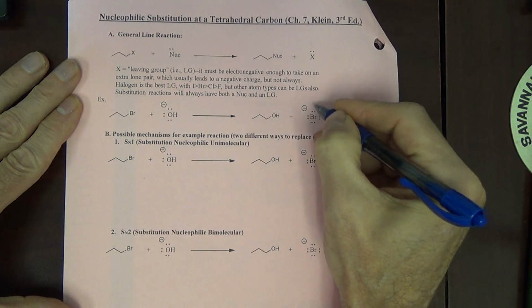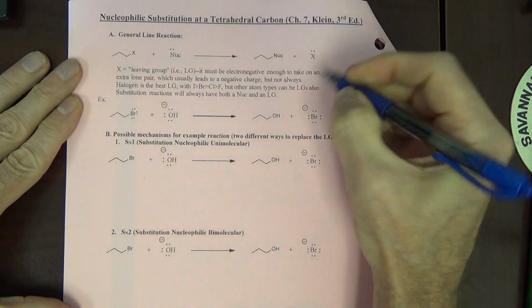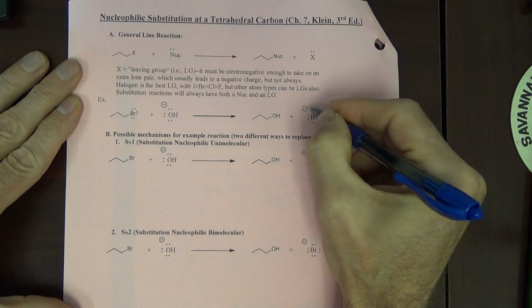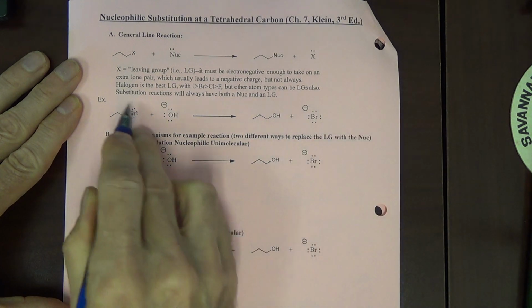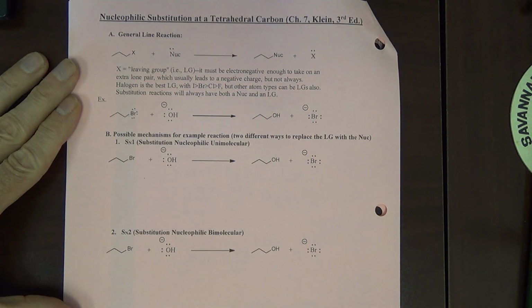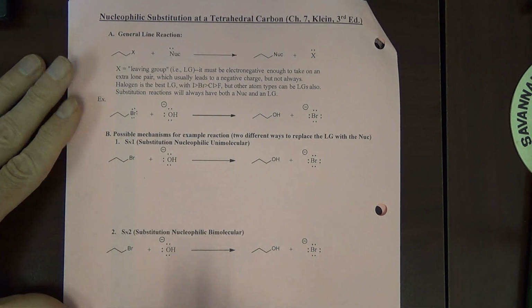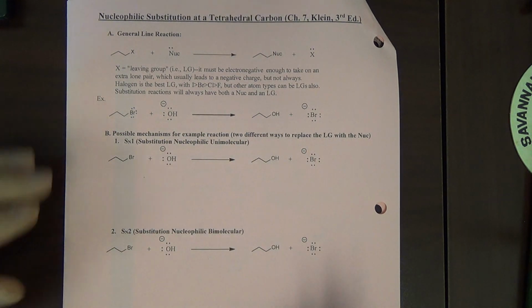It took on an additional lone pair. Here there were 3. Now there's 4. Now it's a minus, and now we call that bromide. And thus we can talk about how the bromide is the leaving group here, and the hydroxide is the nucleophile. So a standard substitution reaction.